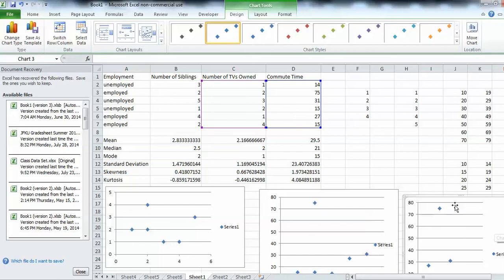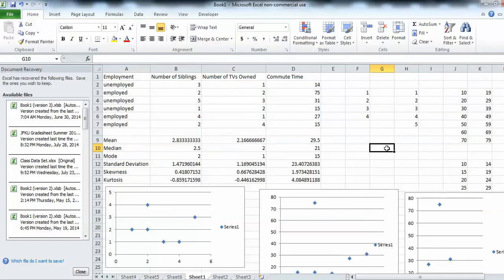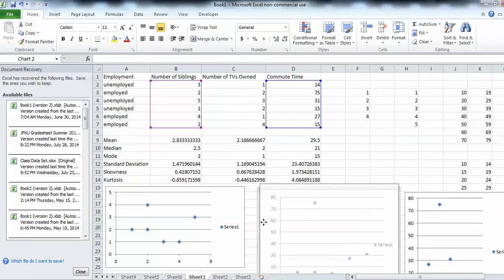Now they all fit on my spreadsheet down here. I think this is the easiest way to do it. This one I have to move up just a little bit because I think it's getting cut off at the bottom.